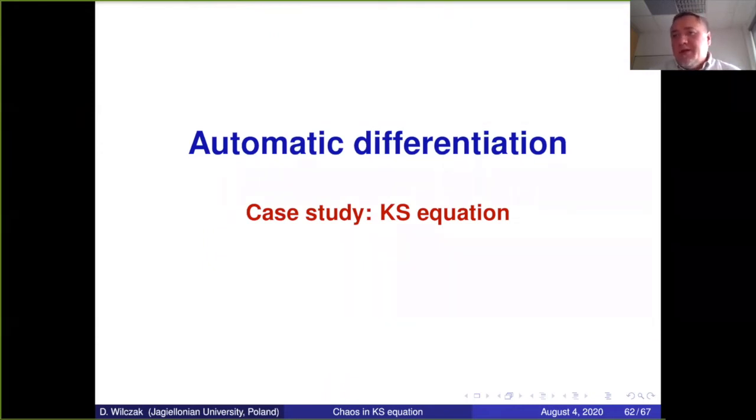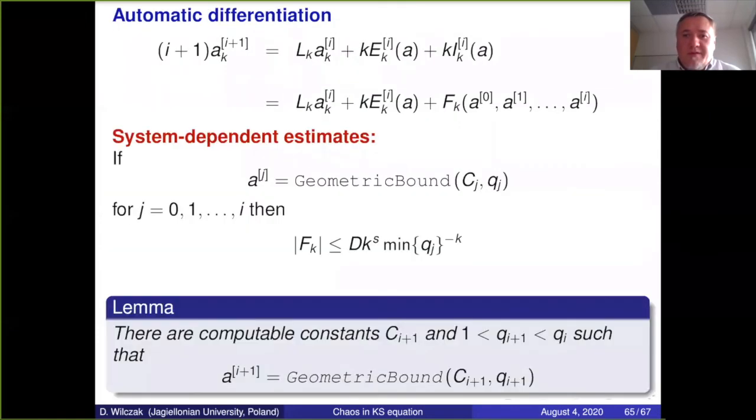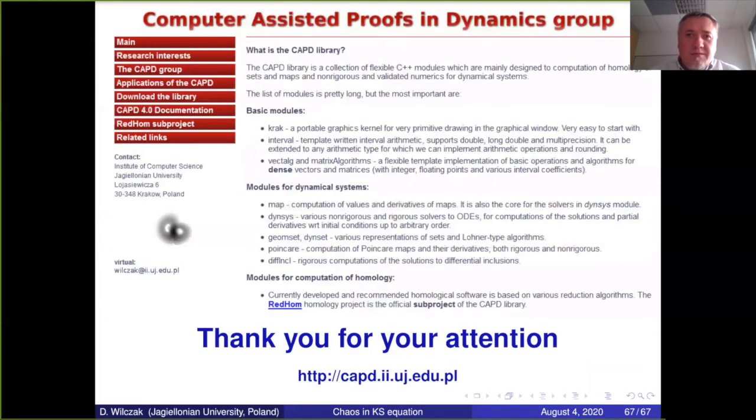The details are given in our article, and at the very end, I would like to say that these algorithms are implemented in CAPD in quite general form. That is, all vector field dependent things are implemented in some abstract class. So we can inherit from this class and specify the problem dependent things in this class.